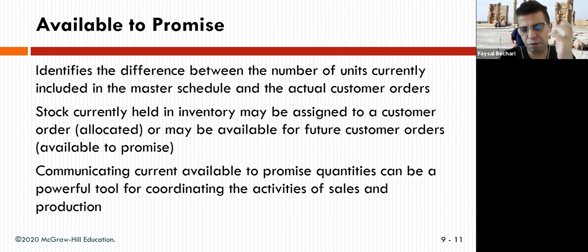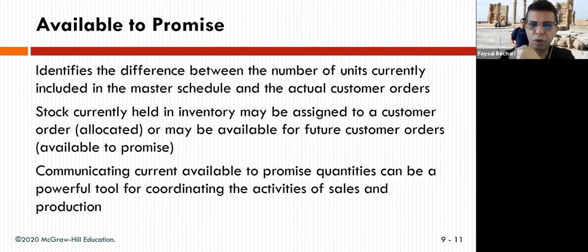So you say you have 10 units and a customer comes and wants 7 units. You tell them, okay, you can have these 7. If another customer comes in and asks you for 100 units, the system will tell you that only 3 units are available because you already promised the 7, and you need to produce another 97 units.